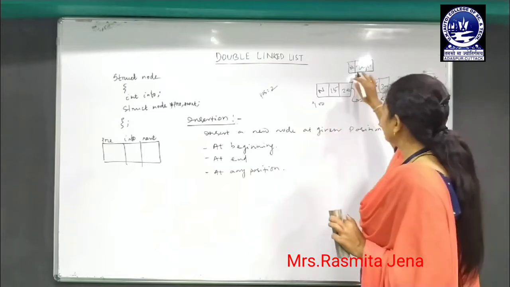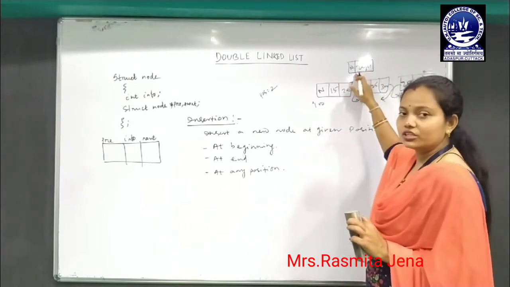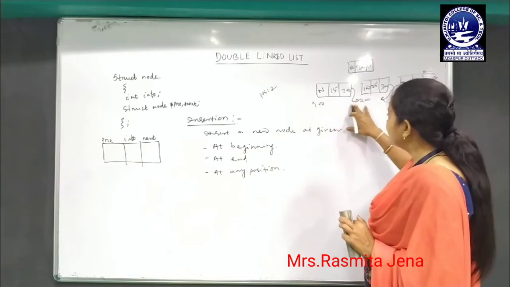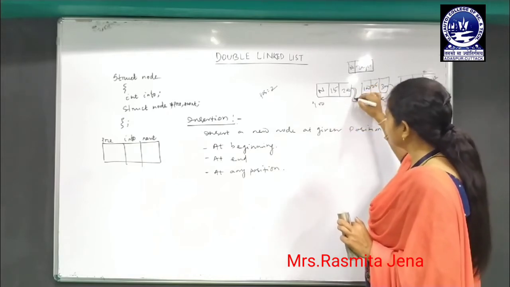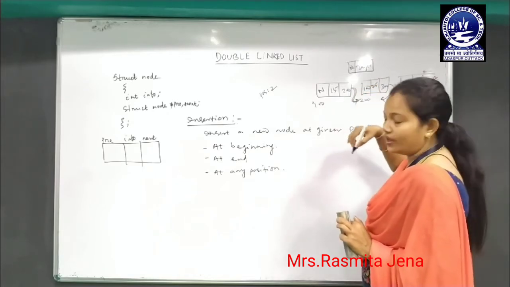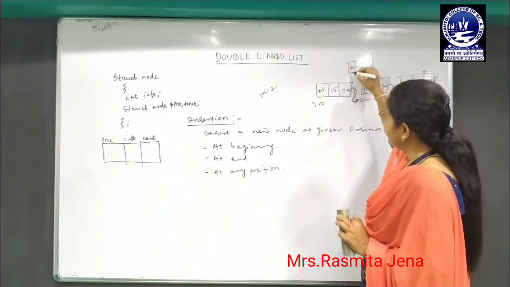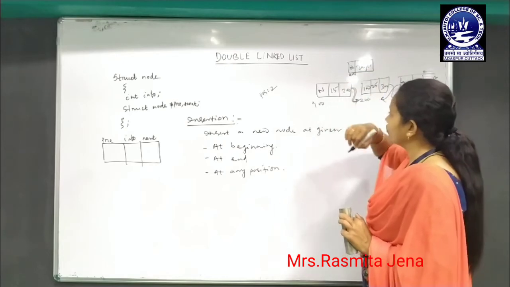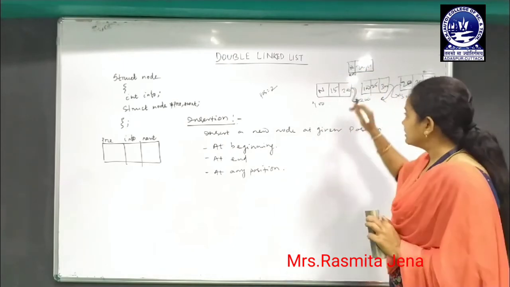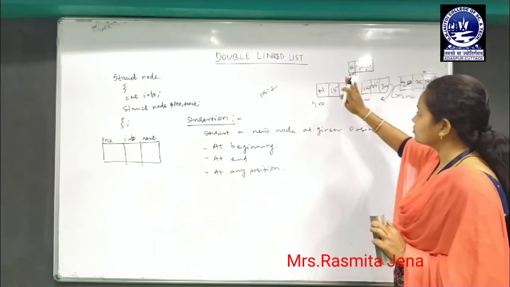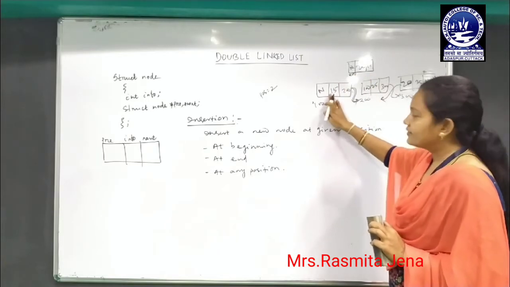So, when I reach the position, what will we do? We first remove this link. That means this link must point to this location. Suppose this is created at 400 location. So this is our position 1 node, this is our position 2.